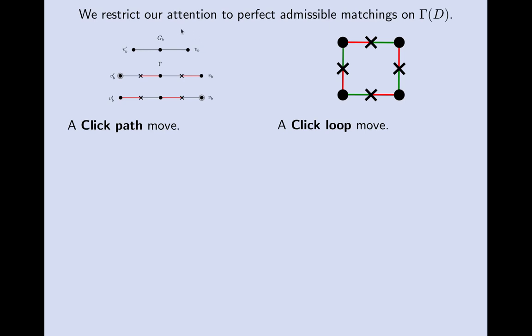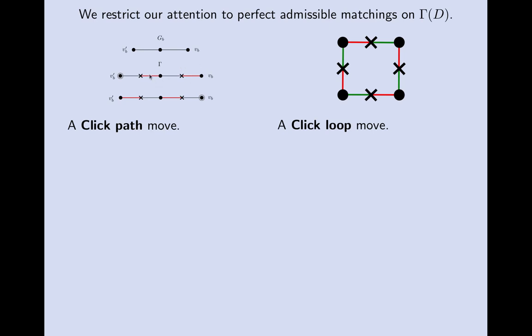We see, for example, on the black graph, we have maybe some portion of the black graph that looks like this, connecting this vertex VB prime to VB. This is a path of length 2. And here is the same picture on the Tait graph, so we have to add also the vertices corresponding to the crossings.